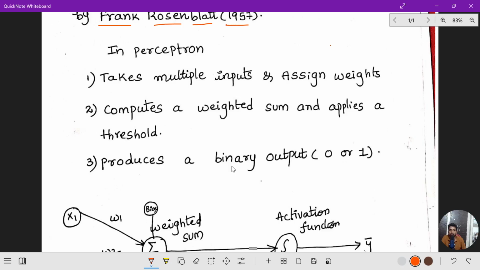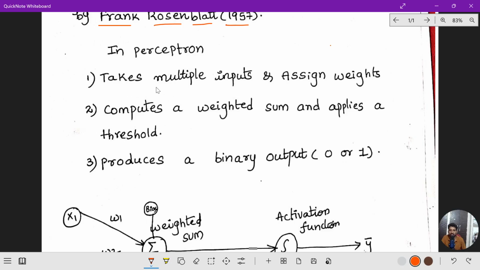So you see, in Perceptron, the first step is it takes multiple inputs and assigns the weights. Okay, and the second point is it computes a weighted sum and applies a threshold value, and finally it produces a binary output, either 0 or 1. So as per Perceptron, what is going to happen?